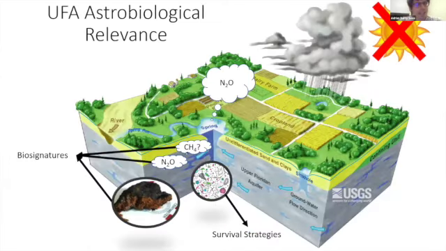But why is the UFA relevant from an astrobiological point of view? Well, in this subsurface environment, there are many geochemical processes that are triggered by microbiology that can be used as biosignatures. It has been observed that nitrous oxide is above atmospheric concentrations in all the springs that we have sampled.